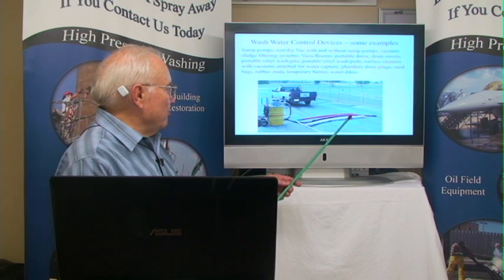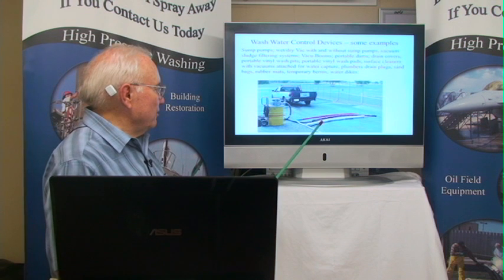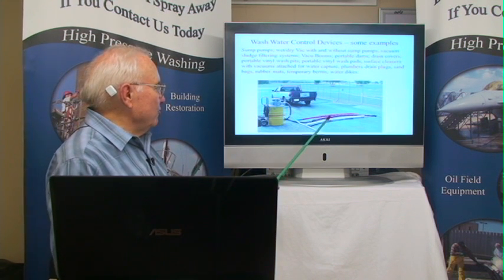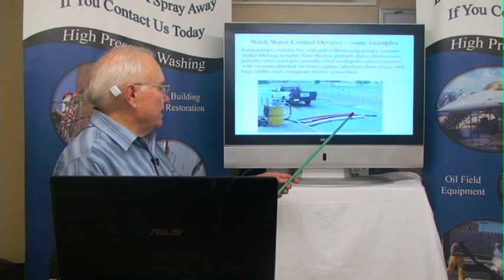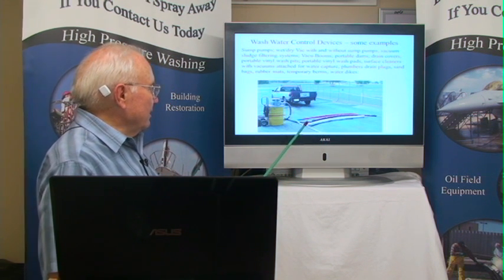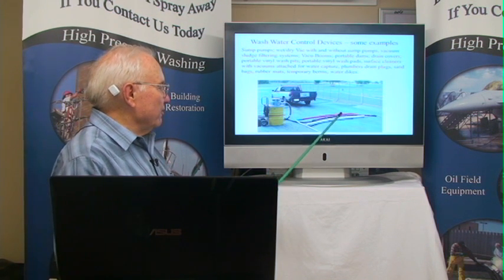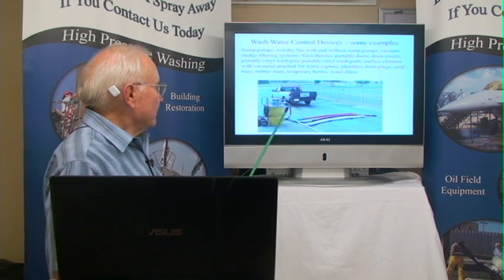In front is a vacuum boom, and those come in 5, 10, 15, and 20-foot lengths. You've got an oil absorbent boom, and behind that you have a portable dam, a water-filled dam. It's either water or sand. Most people use water if they're going to be over about 6 feet.